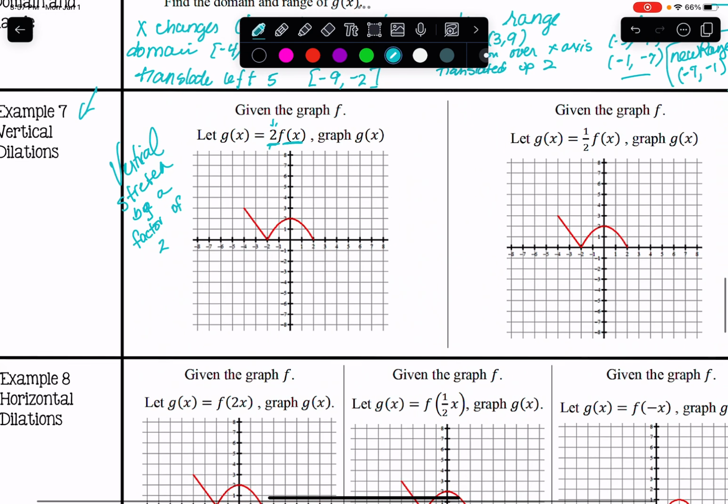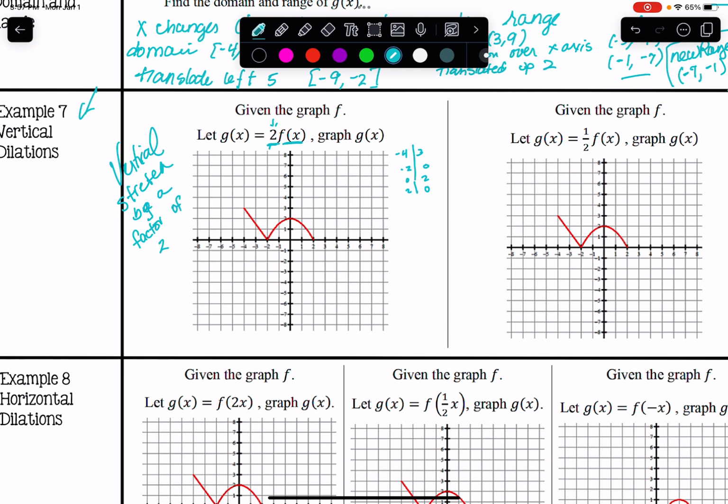Sometimes it helps to do a little table, so let's write some points down here. I have -4, 3. This is the original. I have -2, 0. I have 0, 2, and I have 2, 0.